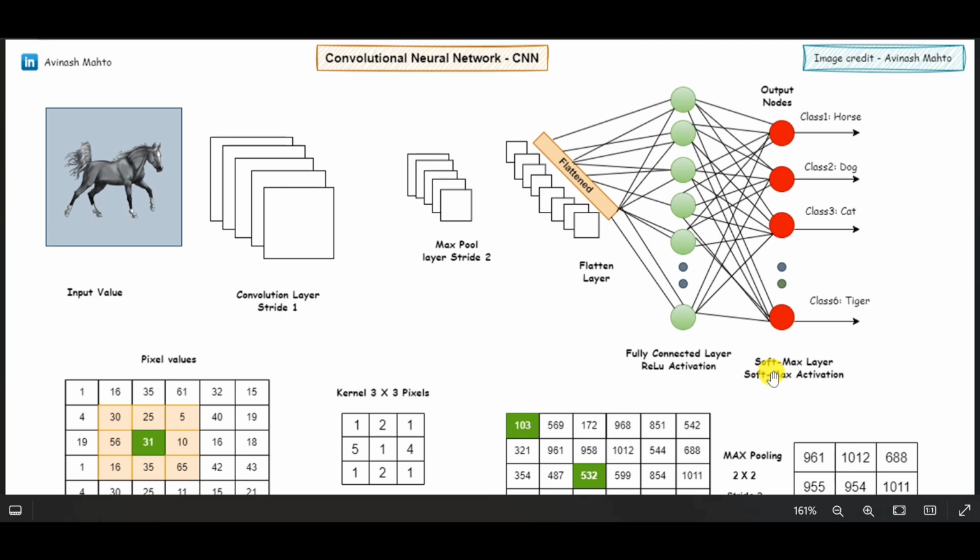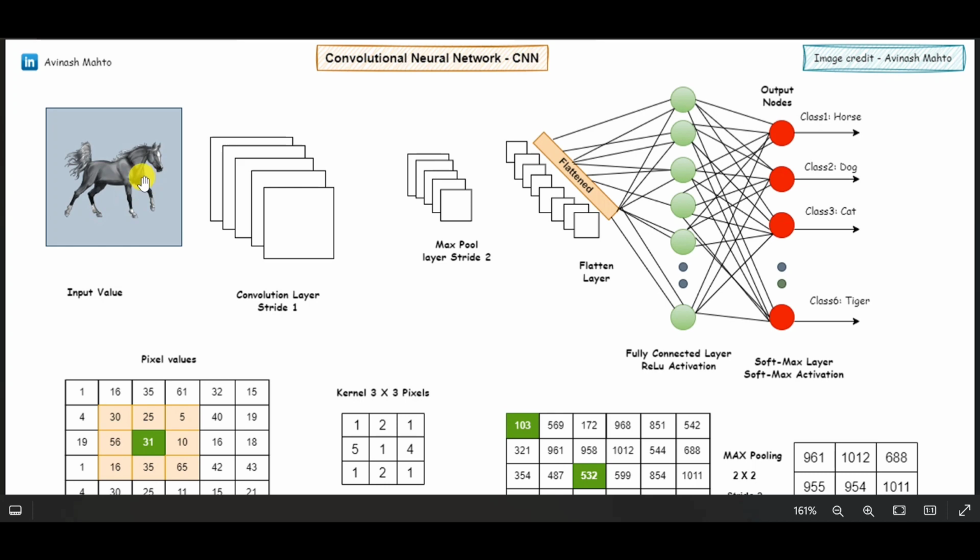Now let's understand the softmax layer. In the softmax layer, let's say the machine gives us some output, but what is the probability, based on which the model can say, hey, this is a horse image? Basically, the softmax layer provides probabilities for each possible output class. Now we have the probability: this is most probably a horse.